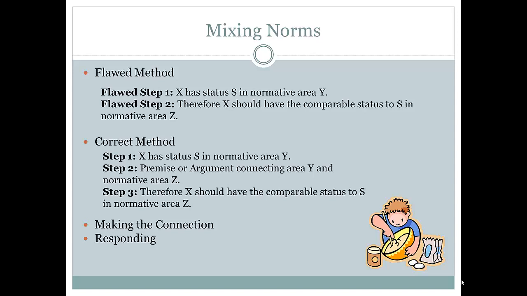One way to make this connection is to make use of an existing theory. There are theories that explicitly or implicitly connect two normative areas. For example, divine command theory is the view that morality is determined by religion, so the inference from religious norms to moral norms would be justified on the assumption that this theory is correct.